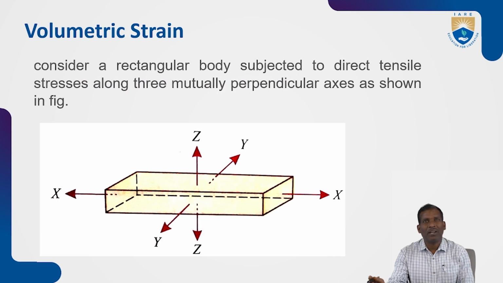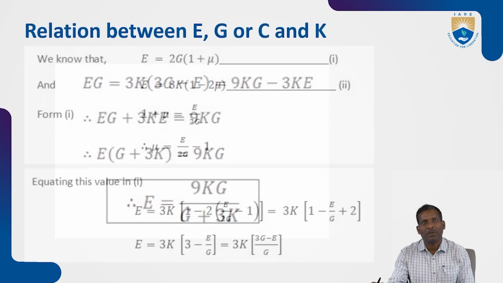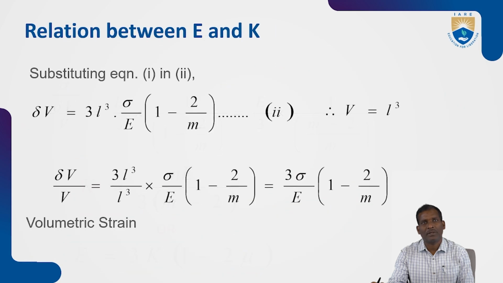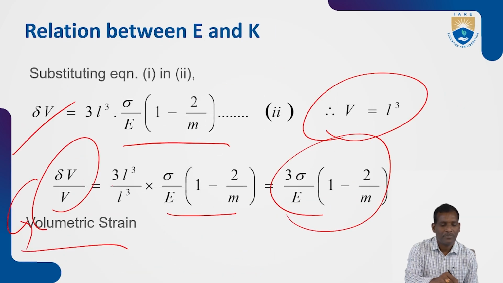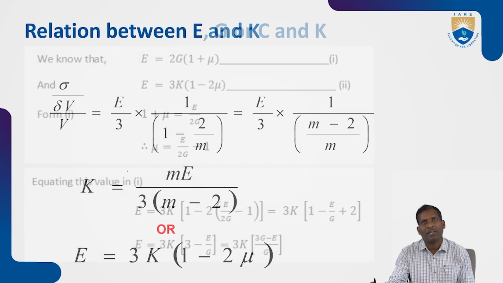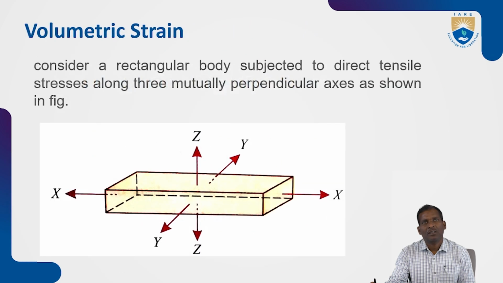So next one is volumetric strain. The volumetric strain we have seen in the previous derivation, delta V by V. So what is this volumetric strain? Consider a rectangular body subjected to direct tensile stresses along three mutually perpendicular axes as shown in figure.